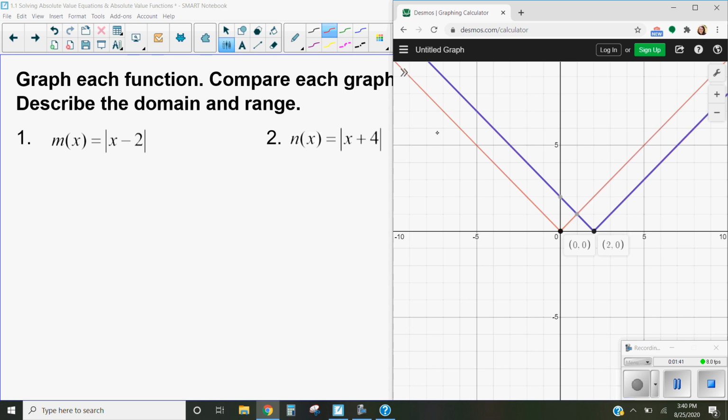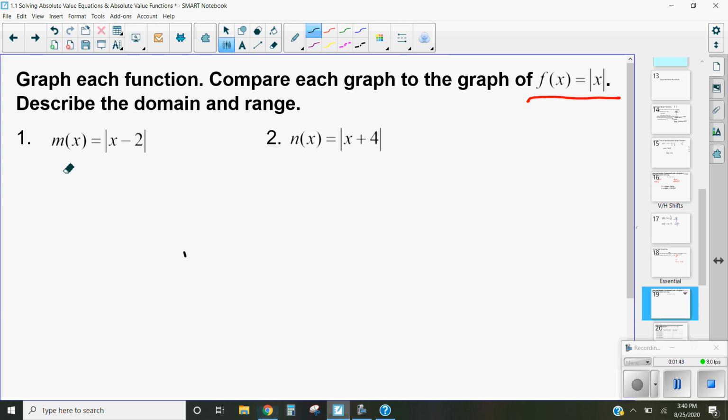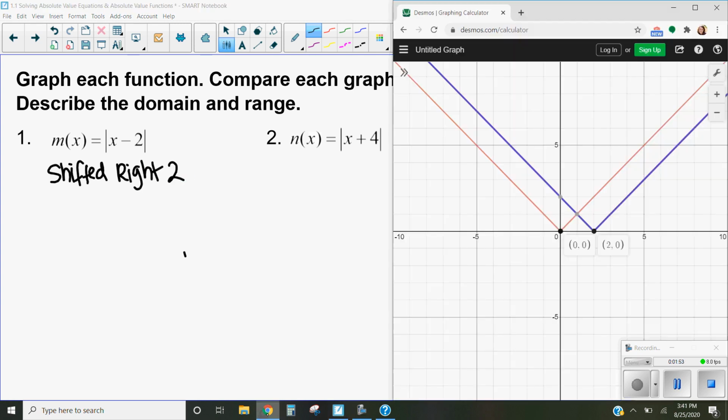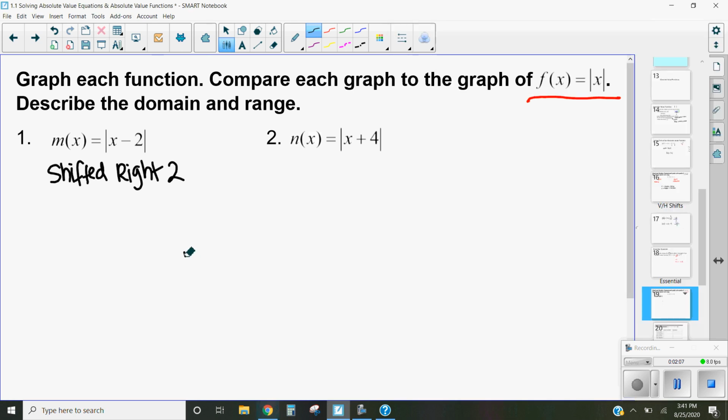So our function actually shifted to the right 2 spots. Let's look at that again. It went from 0, 0 over to 2, 0. It shifted over 2 spots, but those values are still the same. We're still at 3, 1 and 1, 1. So the spread of it didn't change, but it shifted. It's like it just took itself and moved.